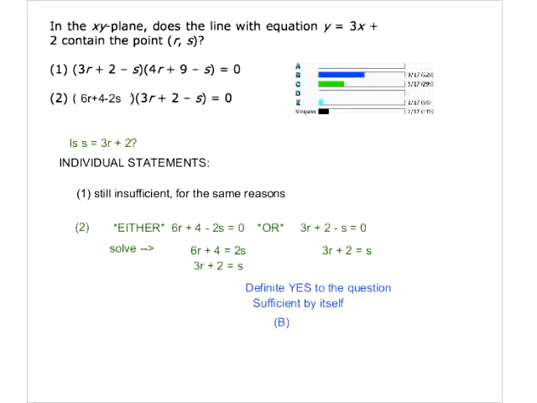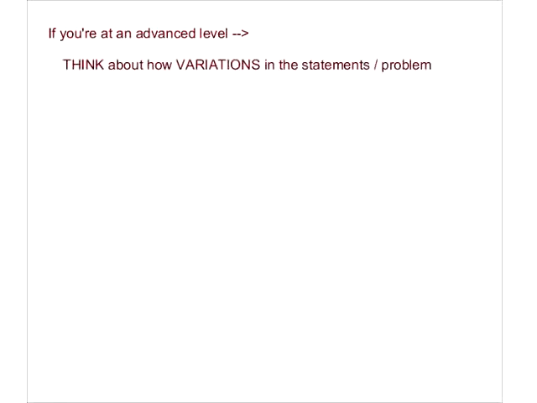Like for instance, we're done. We don't have any time to go over any more problems today, but I do want to show you what I mean by that. Especially if you're at a pretty advanced level with this stuff, like if you got all of today's problems right, think about how variations in the statement or the problem will affect the answer.